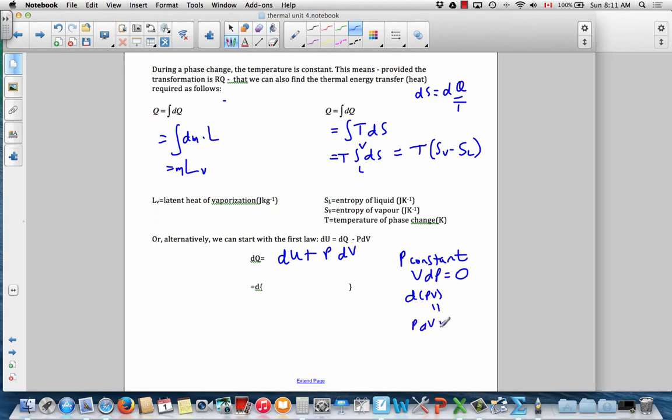We get P dV plus V dP. But we've just said that this one is 0 in this case. So the point we're heading for is that I can write this as the differential of pressure times volume. And consequently, I can say that dQ is the d of U plus PV. Because expanding this and then inserting the fact that this is 0 will get you back to this line. The reason that's useful, of course, is that is dH, the differential of enthalpy.